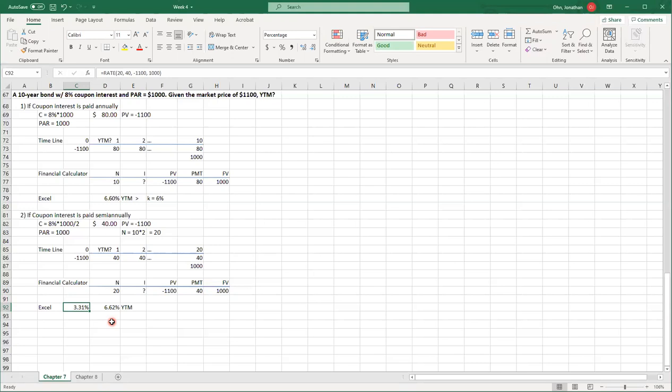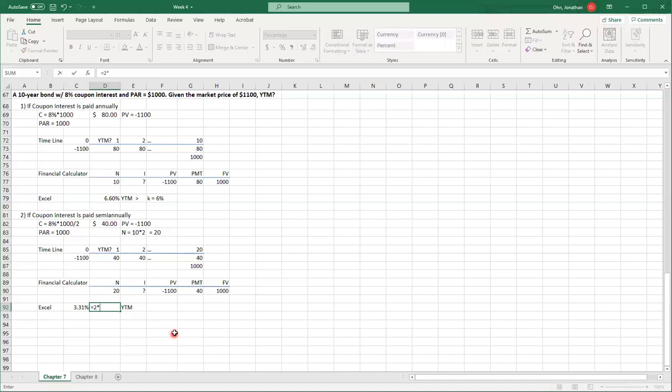But be careful here. 3.31% is for one period. One period, that means 6 months. You have to change that to annual. So just simply multiply that by 2. So 2 times this, 6.62%. That is your yield to maturity. All right?